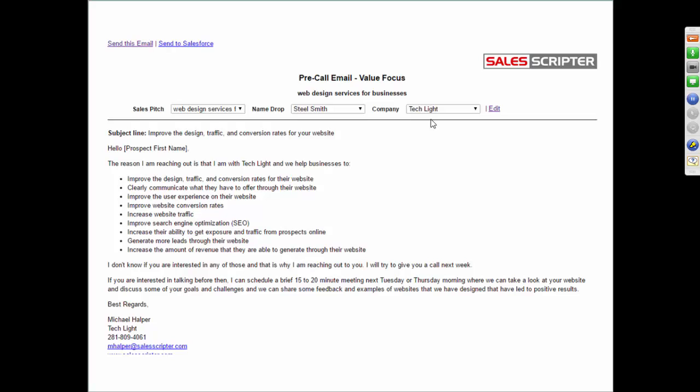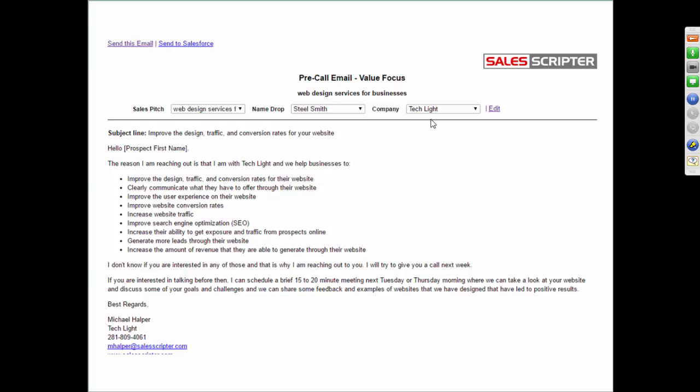Consultative selling doesn't only include cold calling and what you do when you go on your appointments. I showed you some examples of bad emails, and those emails were salespeople talking about their company, talking about their product, and trying to close the sale. Here's an example of a consultative selling email that doesn't do that.